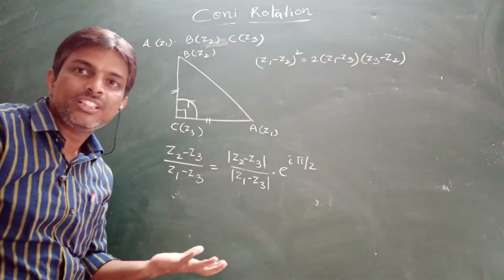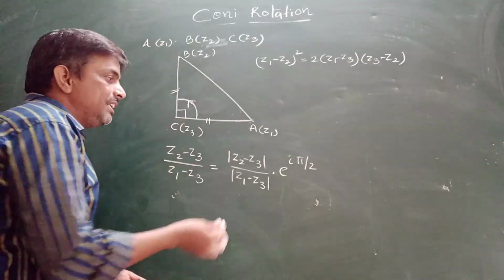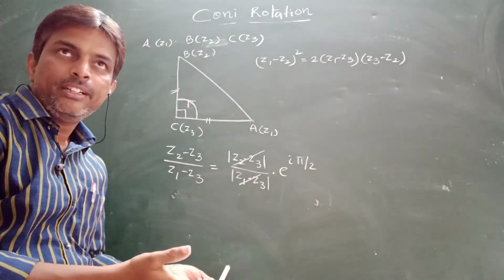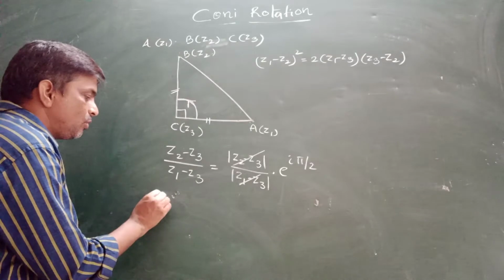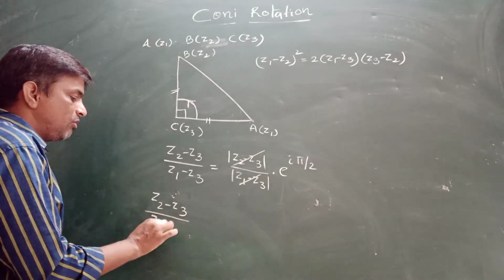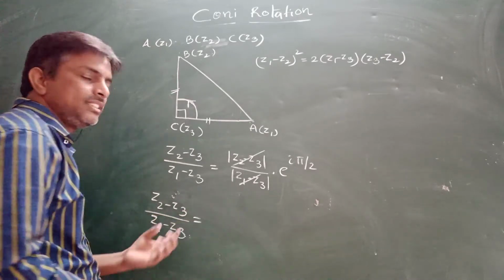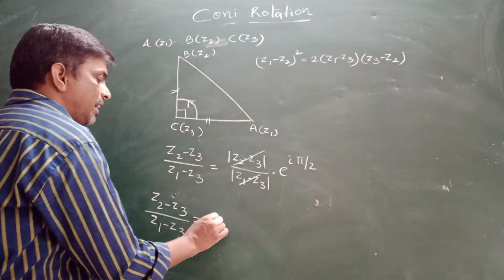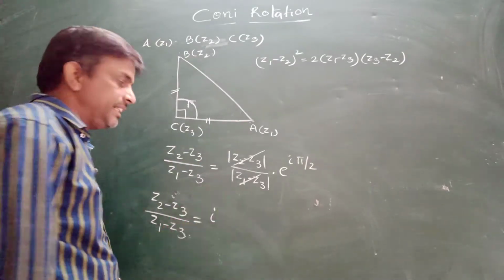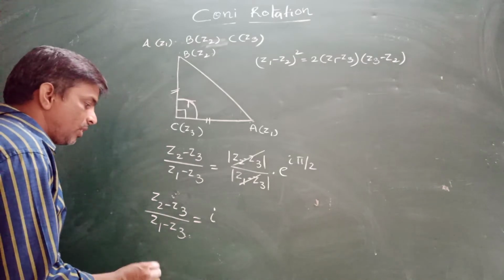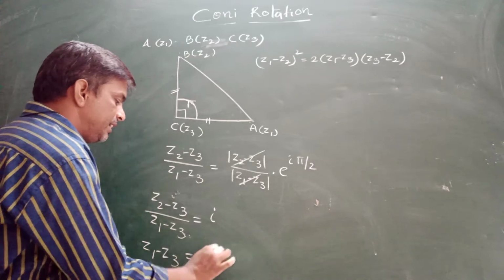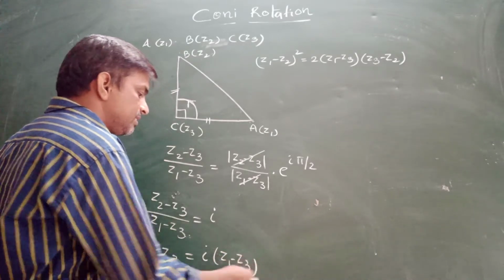Being an isosceles triangle, these two are equal in length, so they cancel out, and e power iota 90 you know is cos 90 plus iota sin 90. So Z2 minus Z3 upon Z1 minus Z3 is equal to cos 90 plus iota sin 90. Cos 90 is 0, and sin 90 is 1. Cross multiplying, Z2 minus Z3 is equal to iota into Z1 minus Z3.